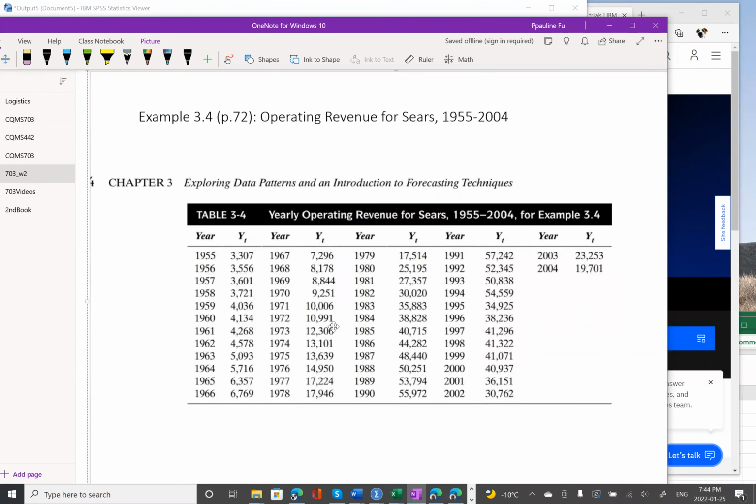The data is taken from 1955 to 2004. In this example, we are going to explore whether the data has a trend.